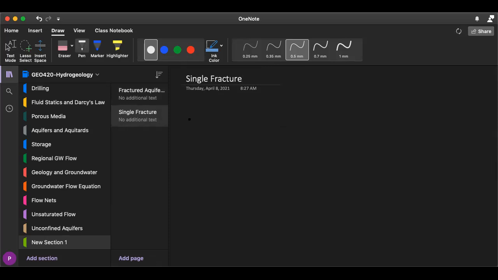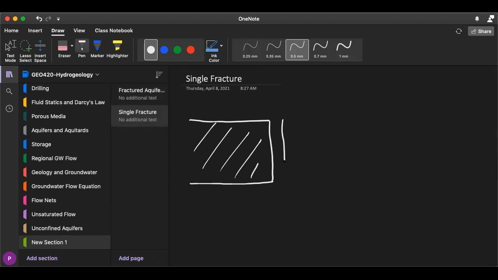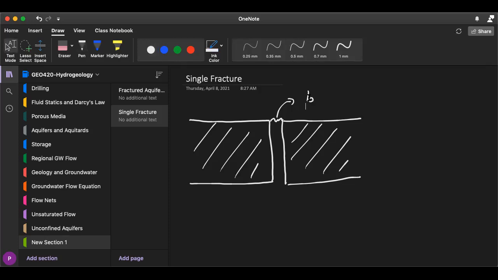I've got my matrix block here, I've got my fracture, and I've got my other matrix block. And this has some aperture B.